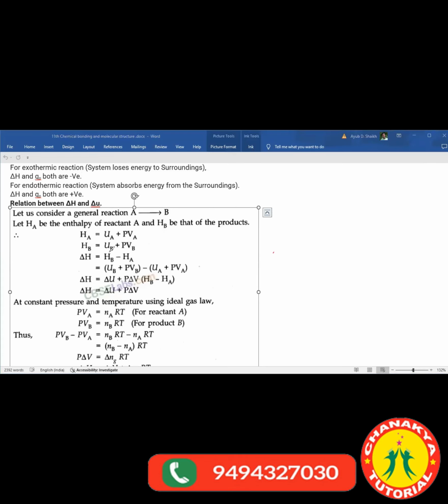Now see, the relation between delta H and delta U. What is the relation between these two that we have to find? What is delta H? Change in enthalpy. What is delta U? Change in internal energy.